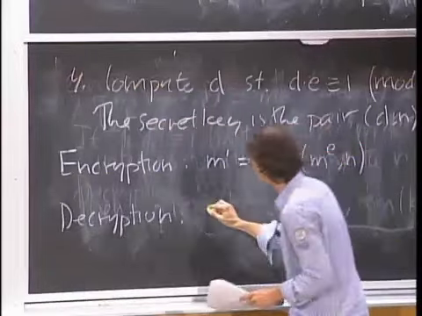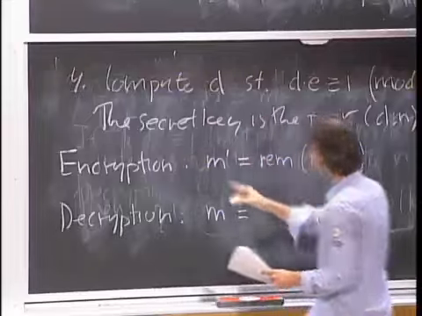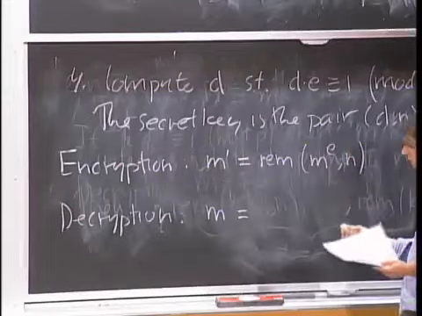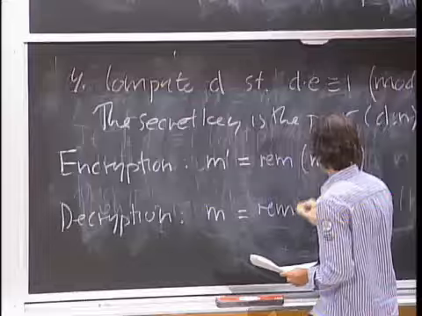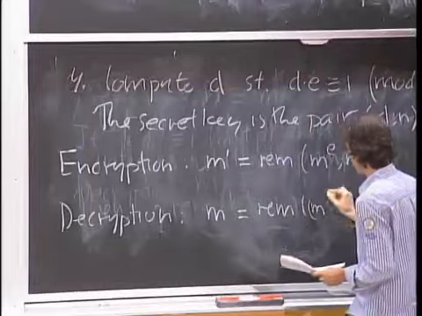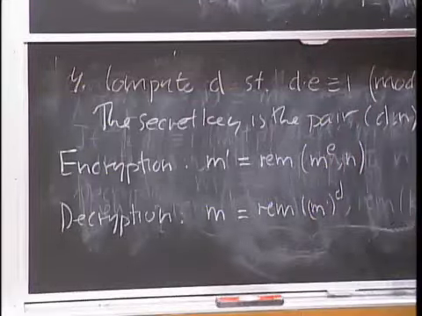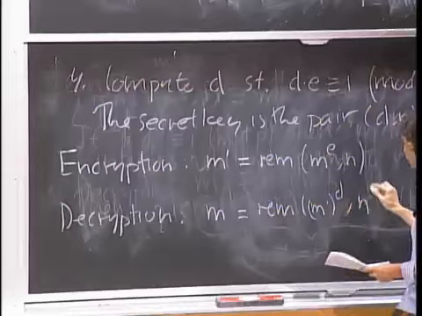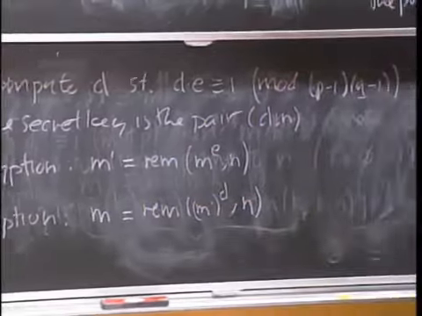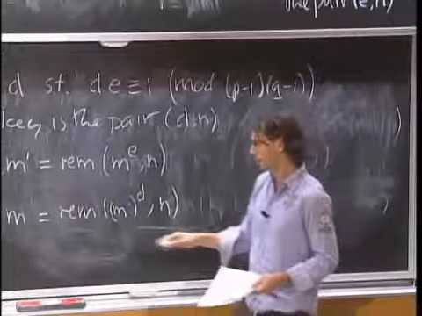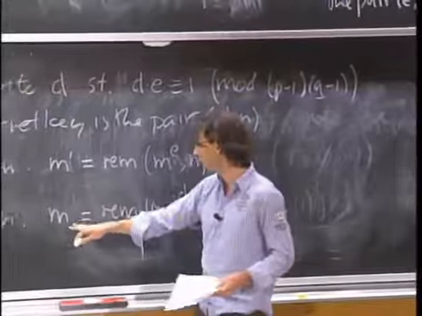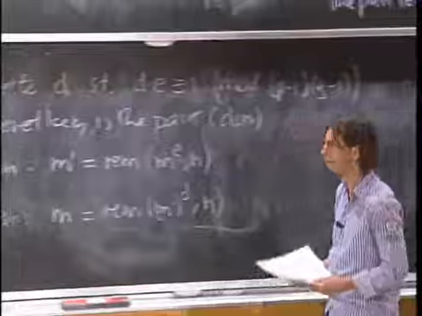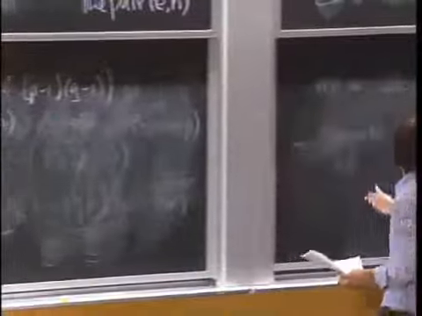We can compute m by using m prime, which we receive. We take m prime, raise it to the power d, which is part of the secret key, and then divide out as many multiples of n. Now, why would that work? So let's prove this step over here.